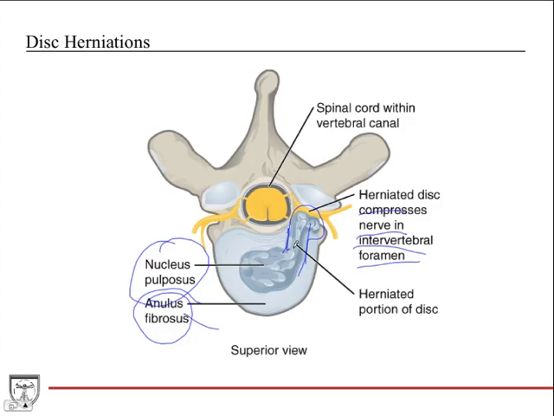Because of the nature of the anatomy, and because the PLL is right here and is pretty tough, it causes these herniations to displace posterolaterally rather than directly onto the cord. As a result, it puts the nerves at increased risk of compression versus directly protruding onto the spinal cord.